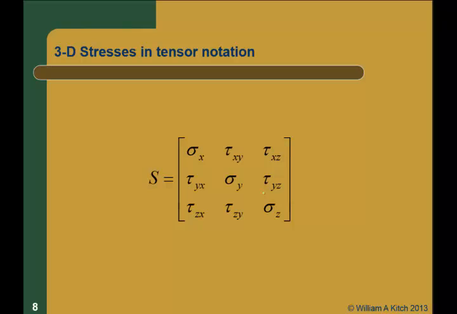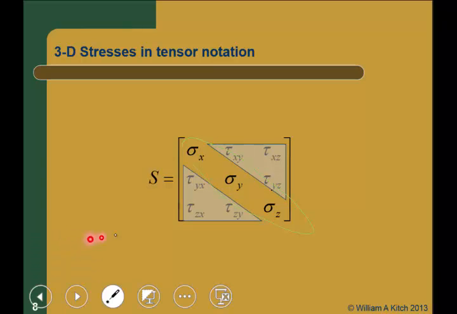Down the middle of the tensor, we have the normal stresses, and the off-center terms are the shear stresses. We usually start with x, then y, then z, and then you just match these up.